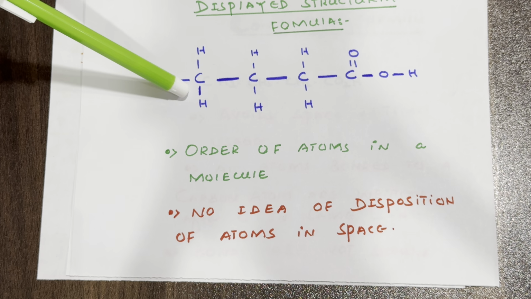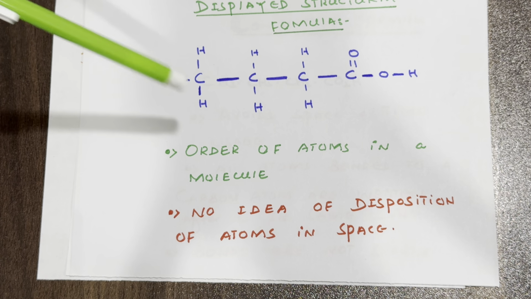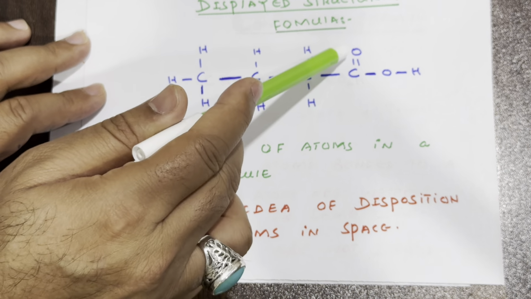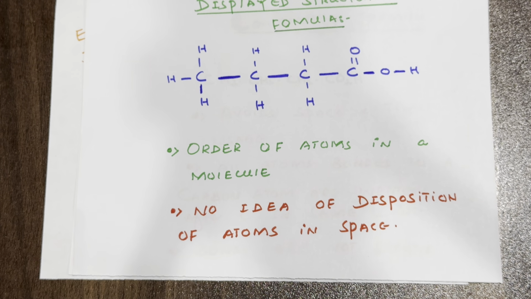This formula will show you the correct order of the attachment of the atoms in a molecule, like how the carbon and hydrogen atoms are attached, and whether there is a double bond or single bond between the different atoms. And this formula will provide you the picture of the attachment of the atoms. It will not provide you any picture of the actual geometry or actual bond angles in the molecule or the arrangement of the atoms in space.